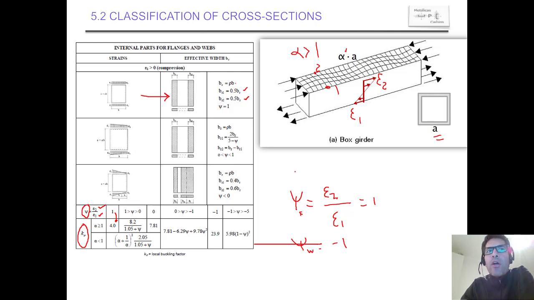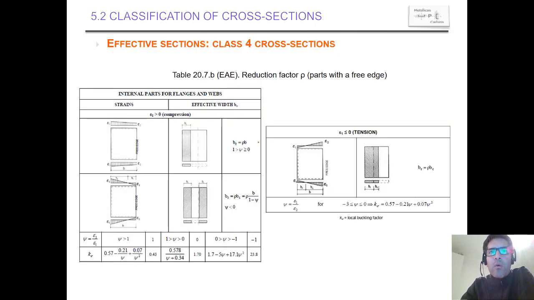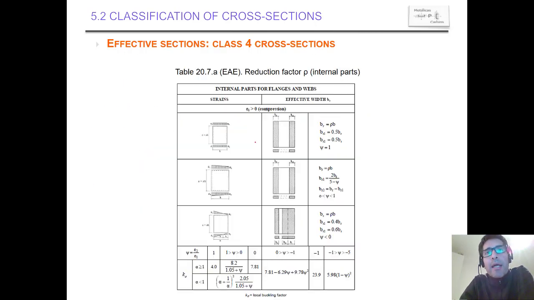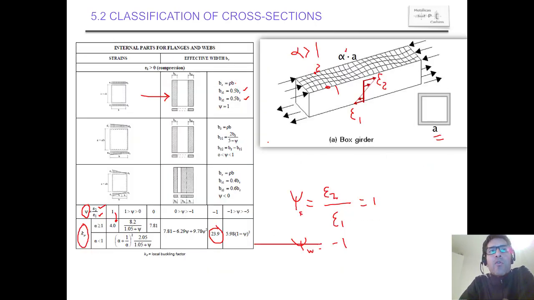Okay, those are opposite in sign, so with minus 1 we will get a value of k sigma much higher, which is 23.9. So with 23.9, and we know that psi equals -1, we will go to the formula for internal compression part, and we will get lambda, we will get psi that we already know, we will get rho, and then we go back to the case in which we put this rho in a particular area.